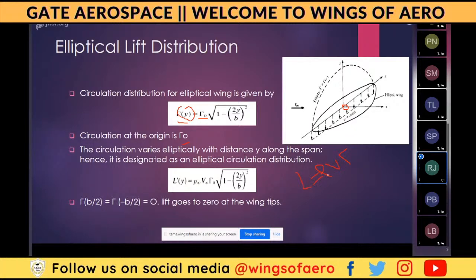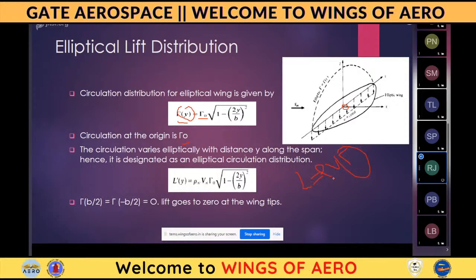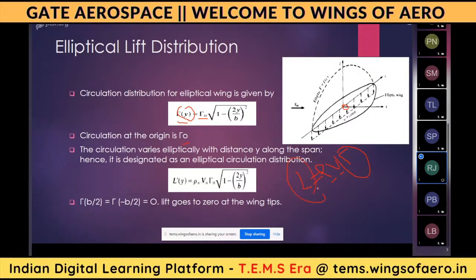If we have the value of gamma, and by substituting the values of rho and v infinity, we can easily find the value of lift.